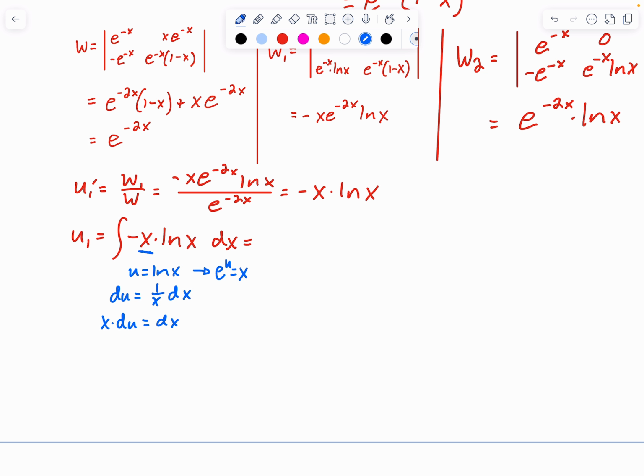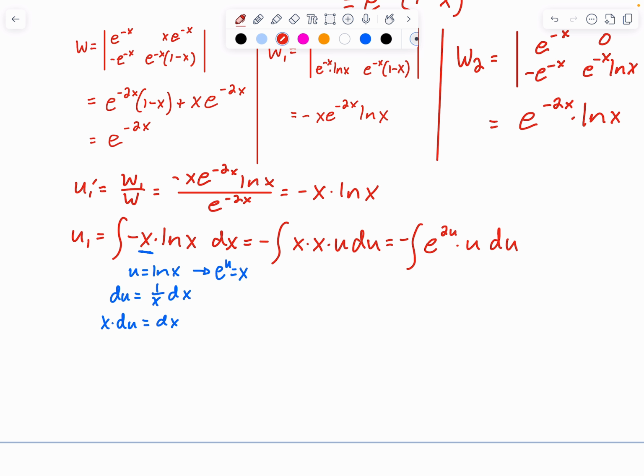So if I change this equation, okay, I get the negative out front, and then I'm going to have x times u du. And then that's not going to be doable with the x's. We'll replace with the e to the u's, giving me e to the 2u times u du.